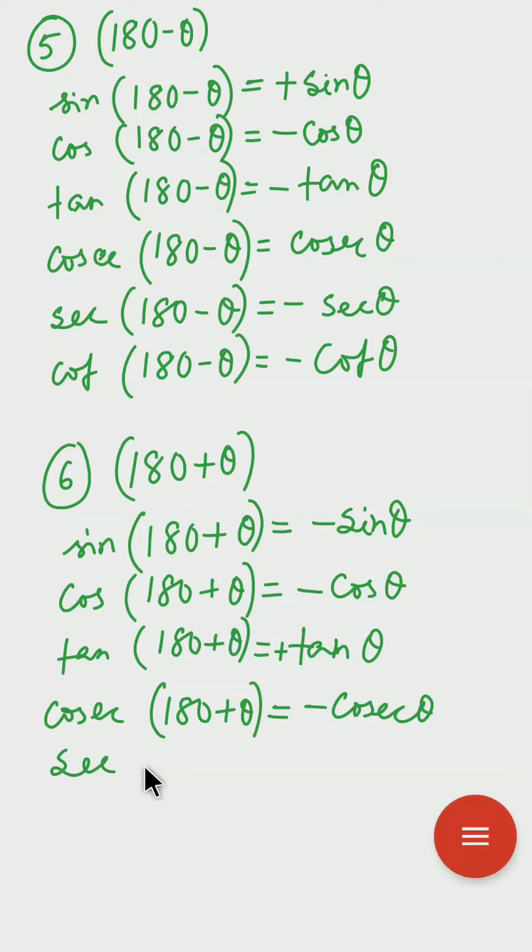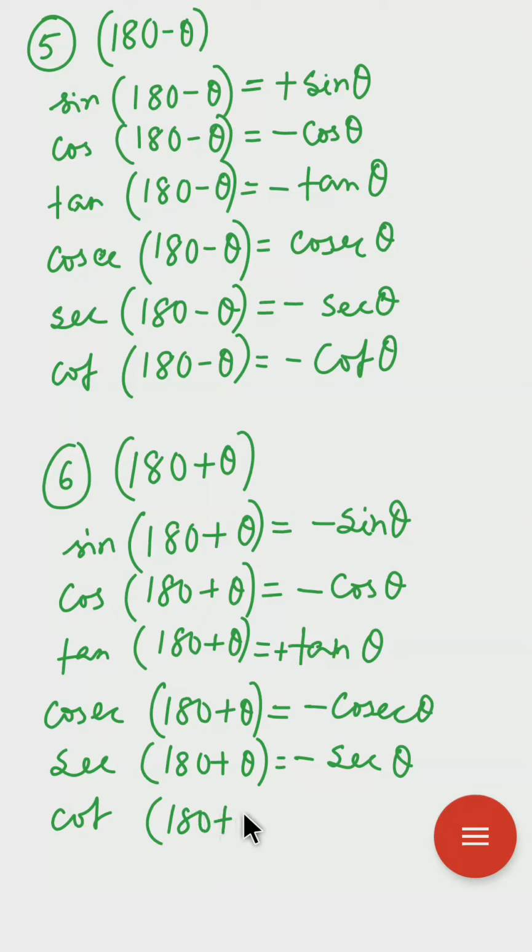Similarly, sec 180 plus theta, from 1 by cos, will come as minus sec theta. And lastly, cot 180 plus theta will come as minus cosec by minus sec, that will come as cot theta.